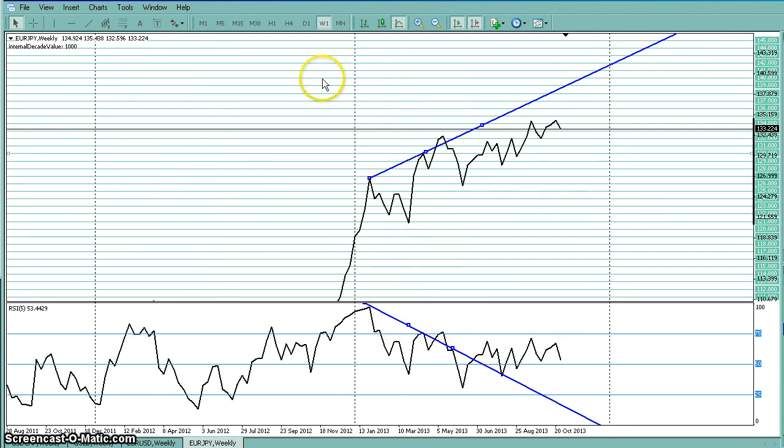And even Cardwell would say that this divergence here, there's a little baby one in here, would be a hidden divergence. Actually, that didn't quite become a divergence there.